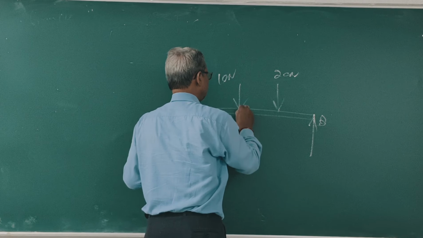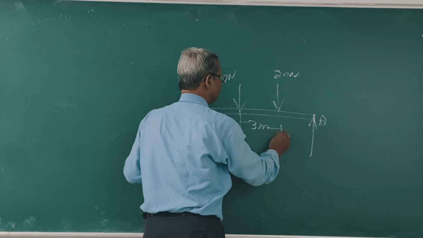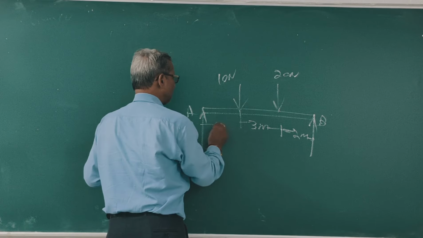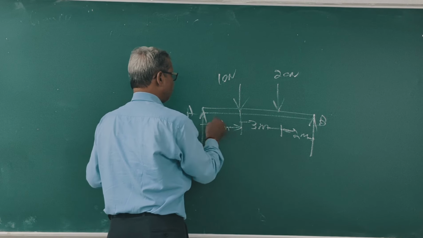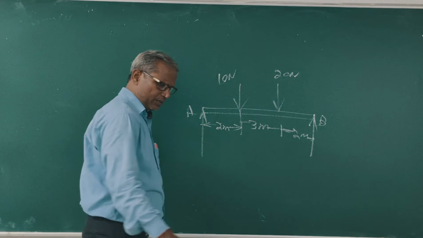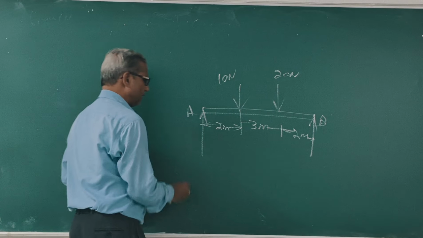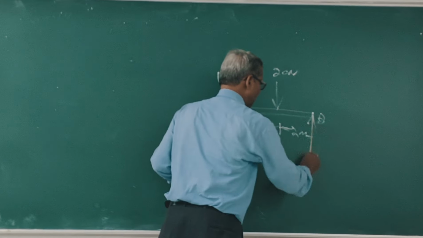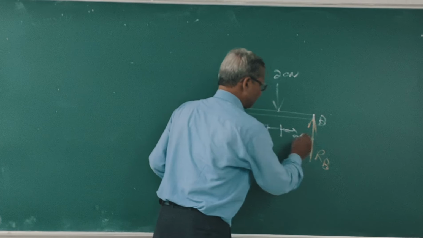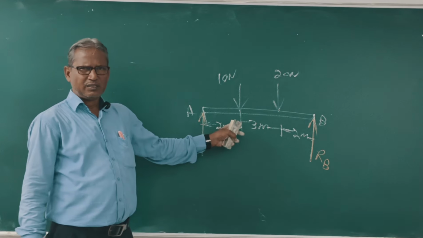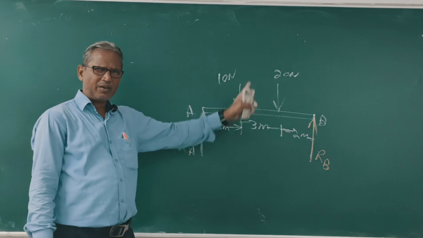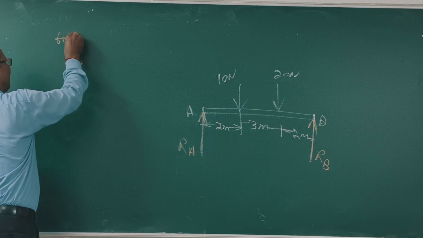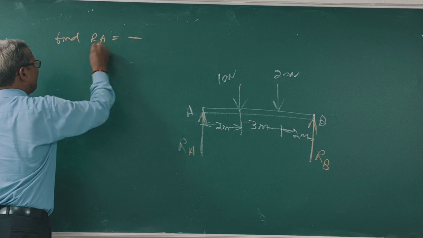This is 3 meter, this is 2 meter, this is 2 meter. The question is find Ra, find Rb. That means find the reaction at A and the reaction at B.